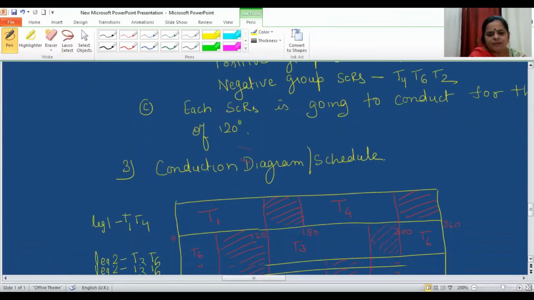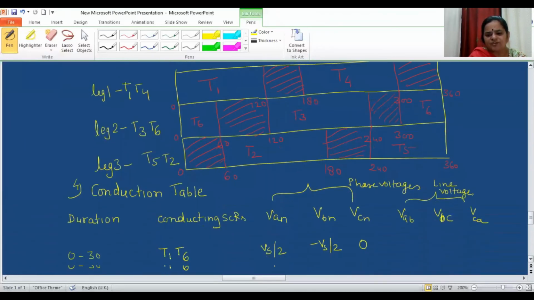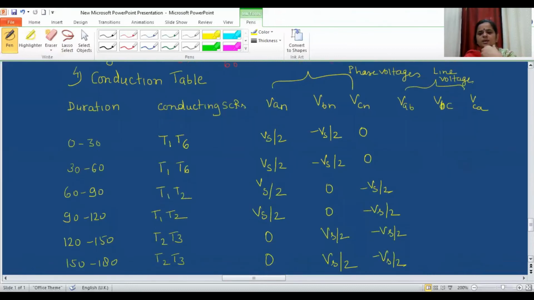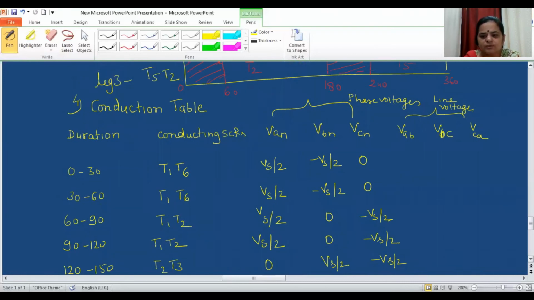Now, as I have written here, we have calculated the phase voltages. Now, to calculate the line voltage, what is VAB? VAB is nothing but VAN minus VBN. So if I subtract this from this, what I am going to get? Vs by 2 minus of minus Vs by 2, so means Vs. Now here I am going to get Vs by 2. Then Vs by 2. Then minus Vs by 2.